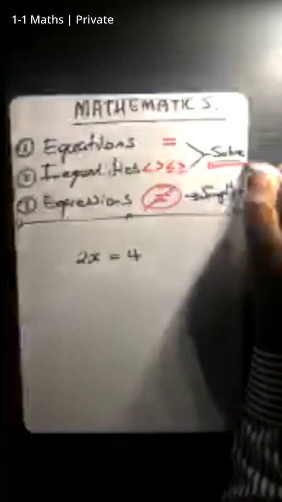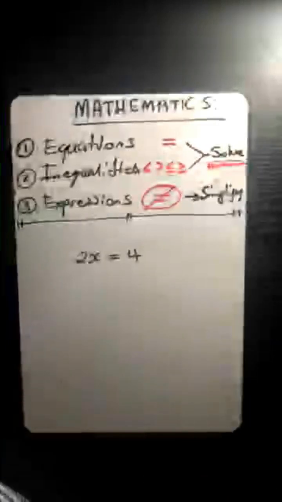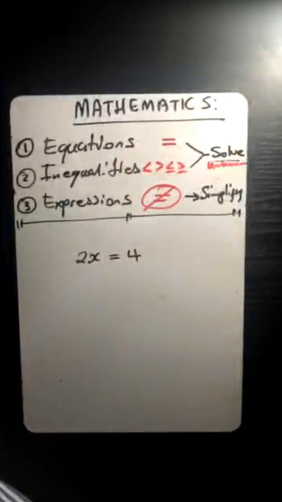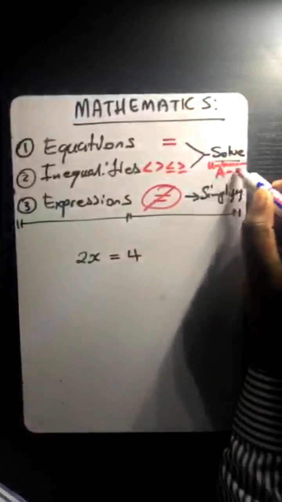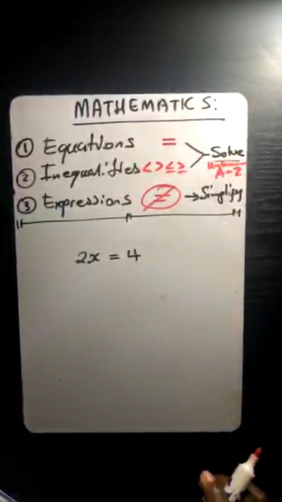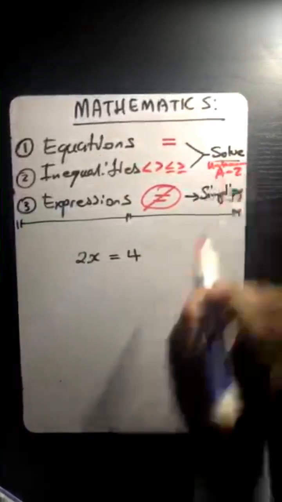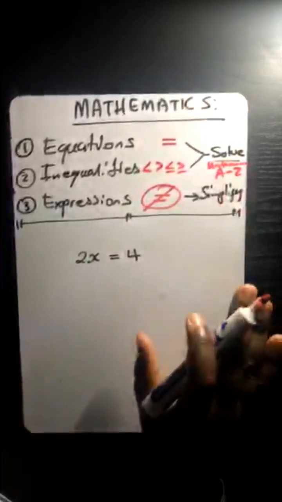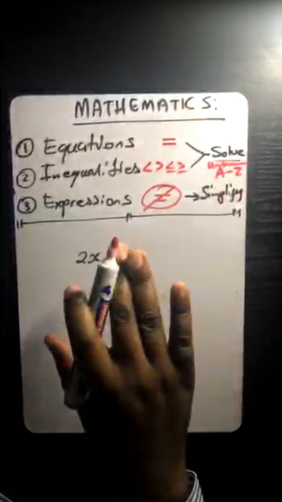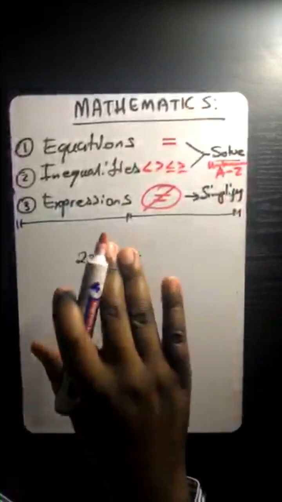The unknown at all times is represented by a letter, which could be any letter from A up to Z. So in maths, when we solve, we actually solve for letters. We don't solve for numbers because numbers we already know. We just want to know the value of the unknown letter.